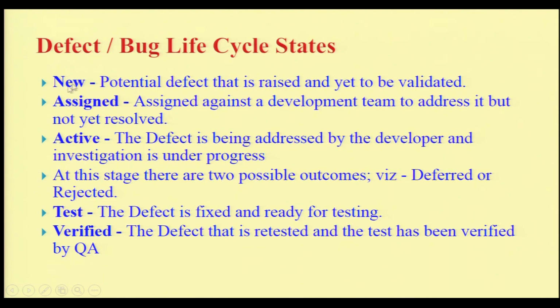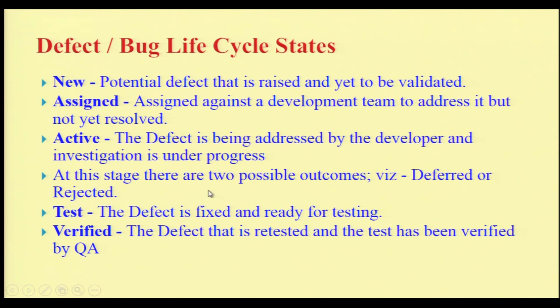The new phase determines it is a potential defect that is raised and yet to be validated. Assigned phase determines the defect is assigned to a development team to address it but not yet resolved. Active states the defect is being addressed by the developer and investigation is under progress.